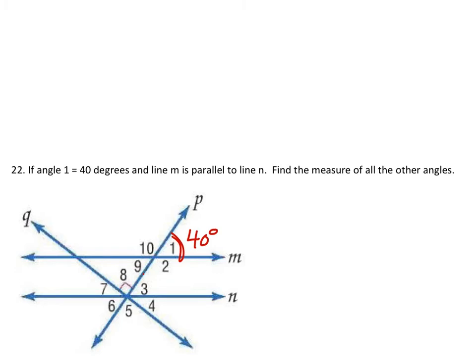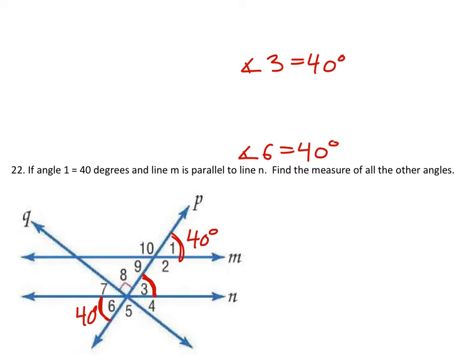So for example, angle 3, which is corresponding with angle 1, we'll even write that out here, angle 3 would also be 40 degrees. Also, angle 6 is alternate exterior with angle 1, so it also would be 40 degrees.